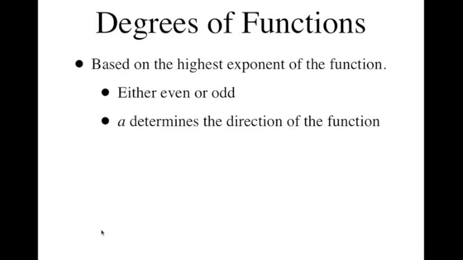All right, our degrees of functions. This is going to be based on the highest exponent in the entire function. So you're going to have either an odd or an even function. And a is the value that determines the direction of the function. Remember, a is always the coefficient right in front of your highest degree.